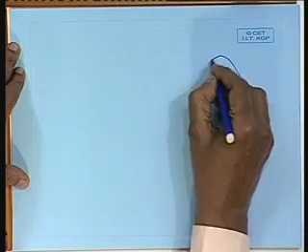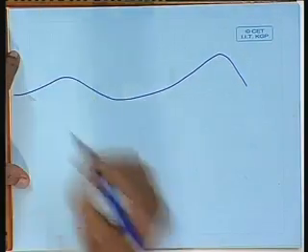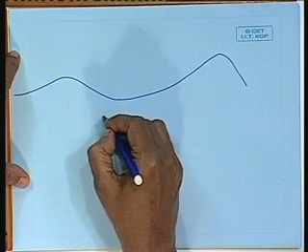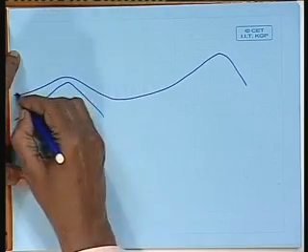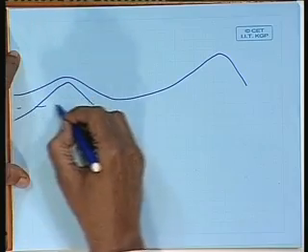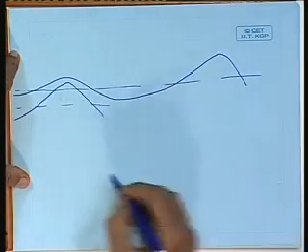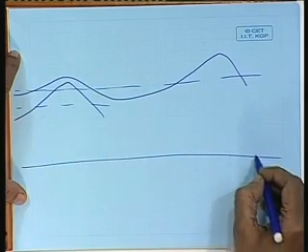I got a wave like this. Now, I have got another set of waves starting from here going like this, and this is my water line here, and this is for this wave, this is the water line. If I add this up, what am I getting?